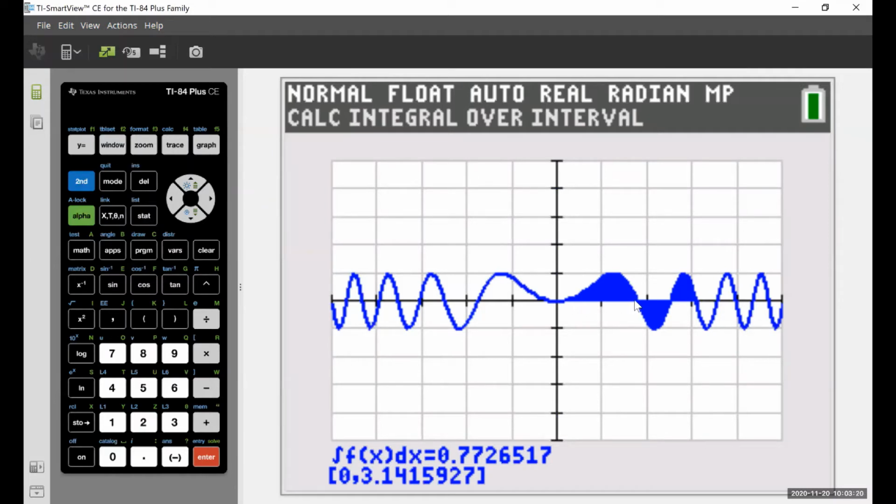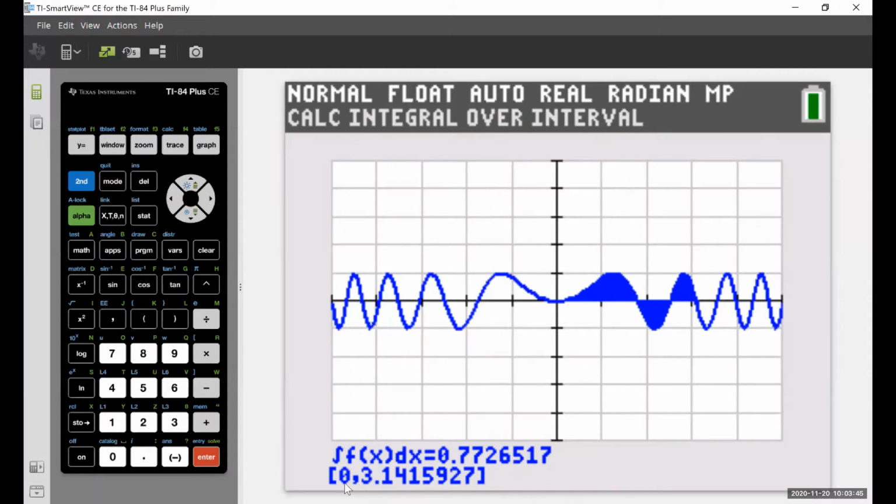0, then pi over 2 should be somewhere there, then pi, 3 pi over 2. It will continue like that. So you can see the total area from here all the way up to that. That is the value of the definite integral, which is 0.772657.